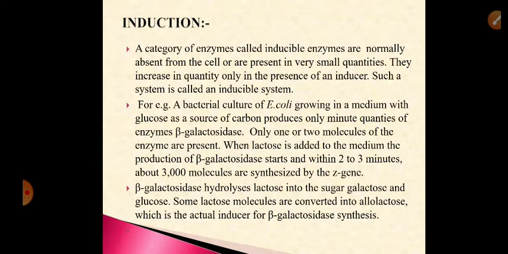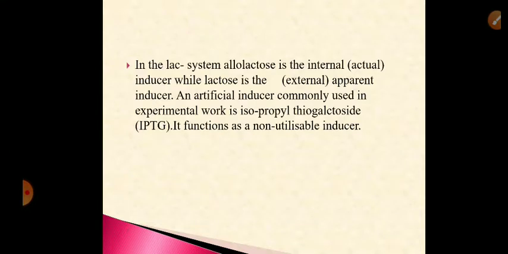Allolactose is the actual inducer for beta-galactosidase synthesis. So lactose is an apparent inducer, but the actual inducer is allolactose. In the lac system, allolactose is the internal or actual inducer, while lactose is the external or apparent inducer.